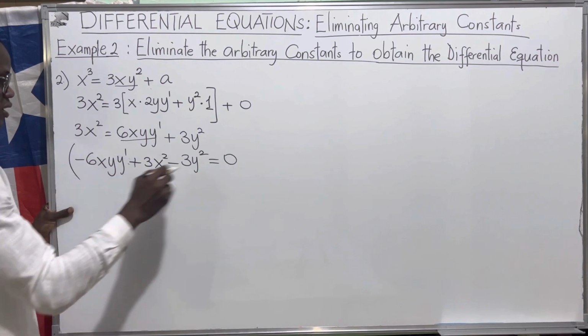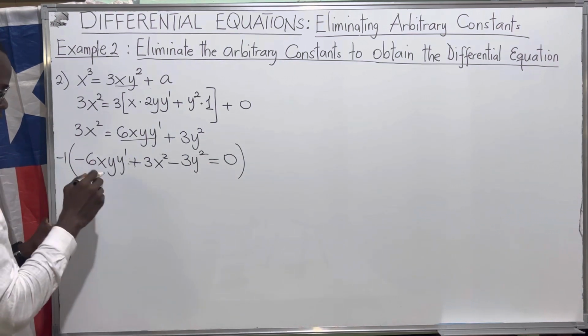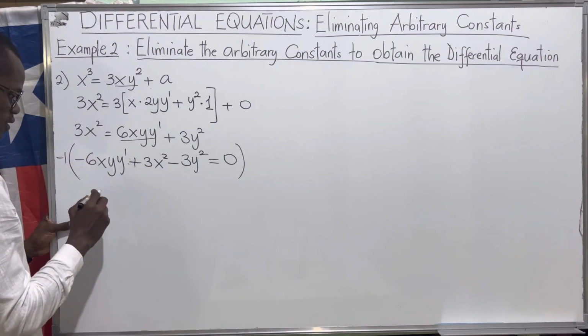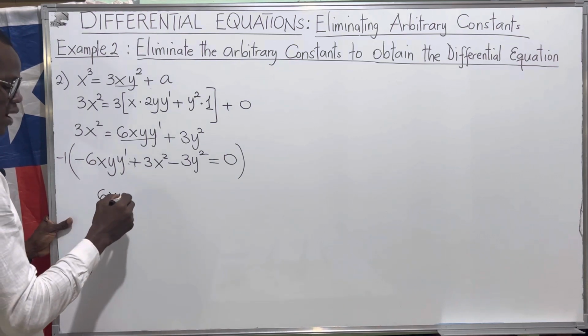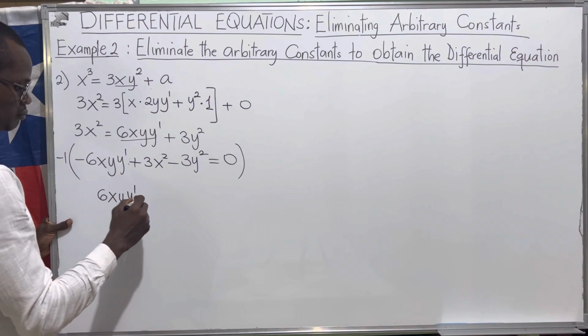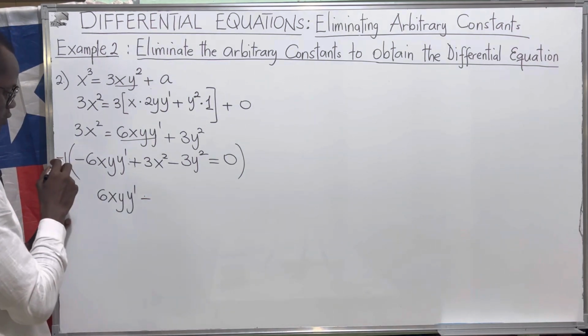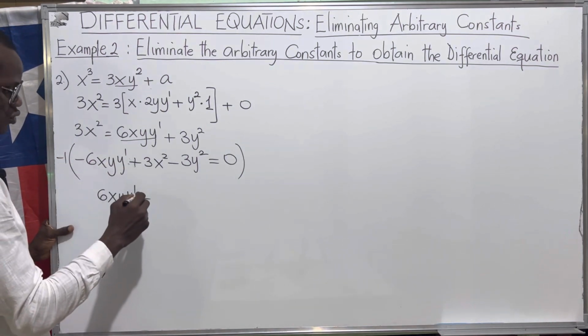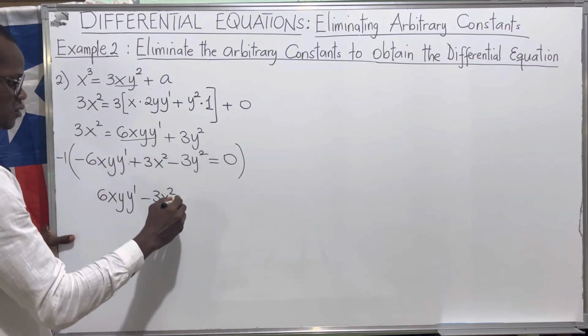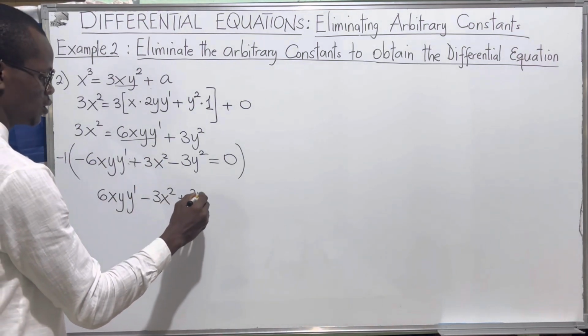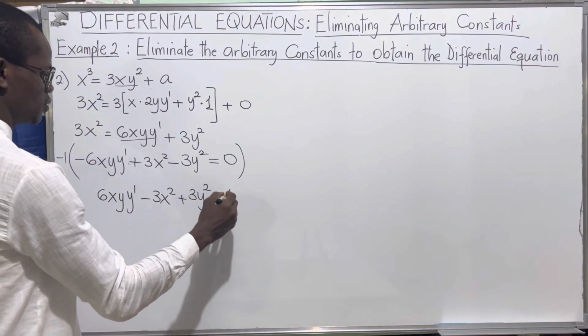So if I multiply the whole expression by -1, I'm just going to have all opposite signs. So it's positive 6x y prime plus, so this times this, minus, and this plus now goes to minus 3x squared, negative is positive, so it's 3y squared all equals 0.